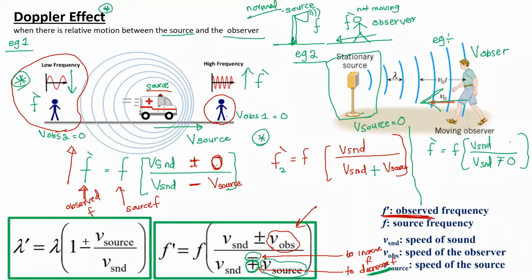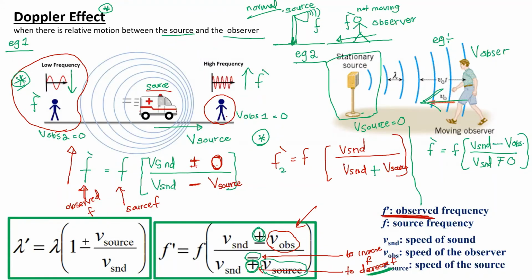What do you have here? So you have the observer term here. So observer is moving towards the source, right? Observer moving towards the source means frequency increases. So if it increases, you select the top sign. If it decreases, you select the bottom sign.